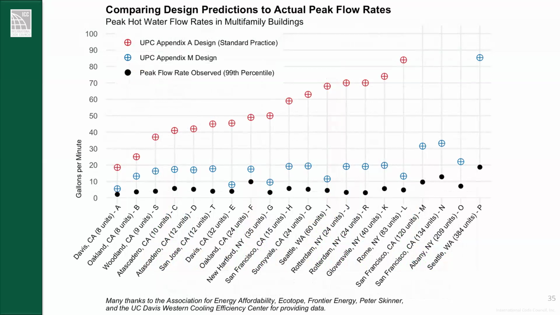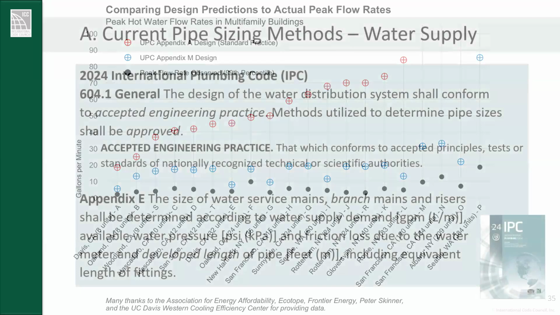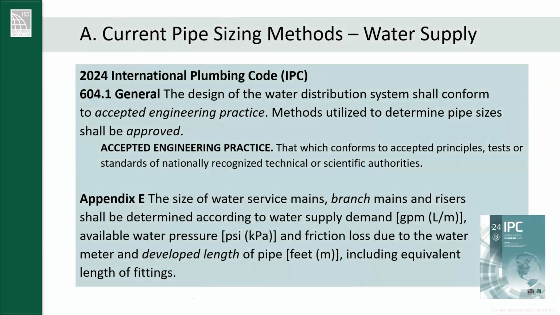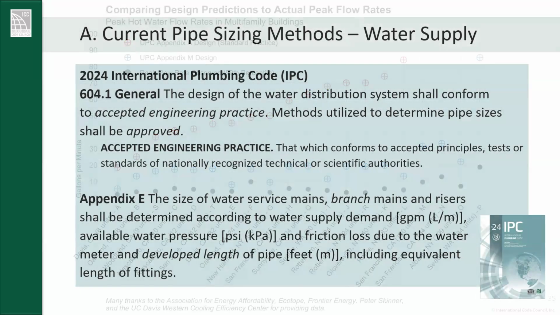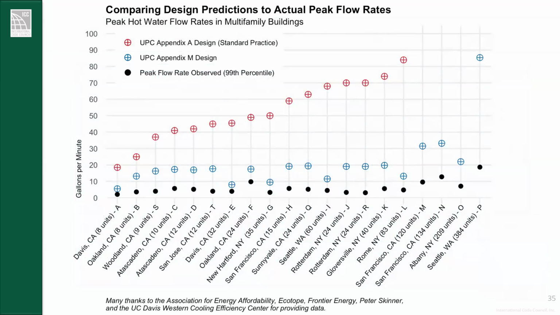The blue dot is the water demand calculator, and the black dot is the actual measured data. So there's a huge disparity, especially when you compare to the peak demand in Appendix A of the California Plumbing Code.